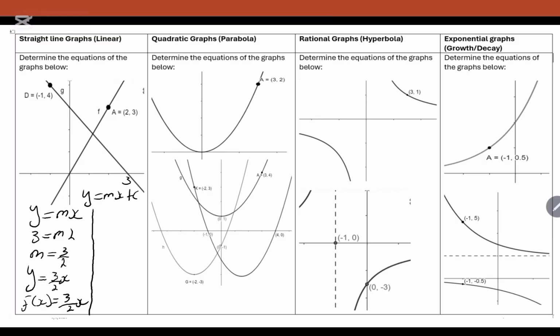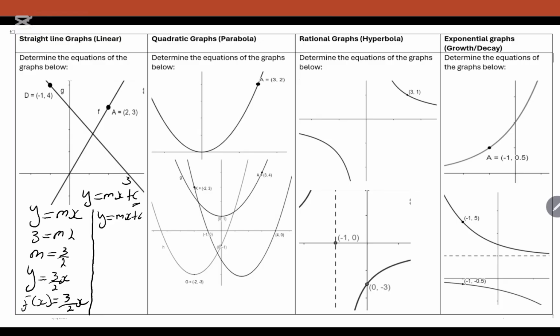So we write it as y equals mx plus c. But when I look at this graph, none of the information given talks about the y-intercept. So we don't have that y-intercept, but we have at least 2 points that we can use to find the gradient and the y-intercept.